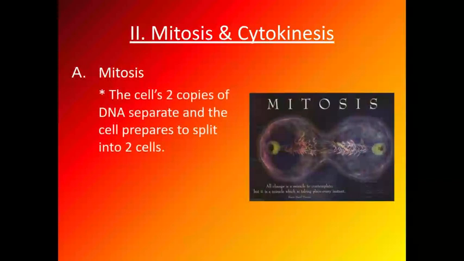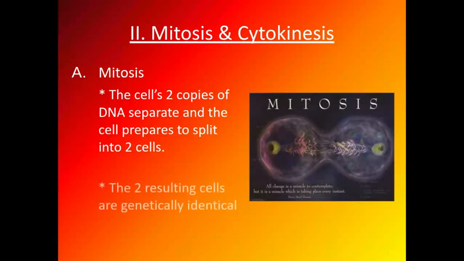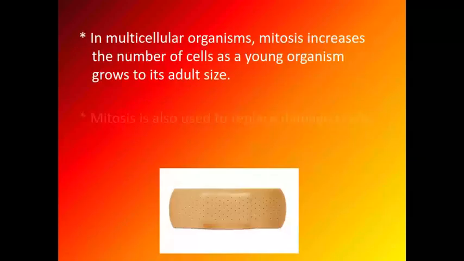So within mitosis, the cell's two copies of DNA separate, and the cell prepares to split into two cells. And the resulting two cells are genetically identical, so they're the exact same. And we'll get into meiosis next chapter where that's not the case, but for mitosis it is.